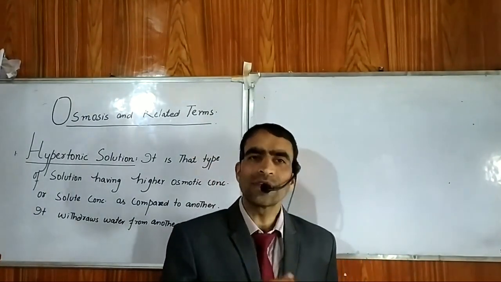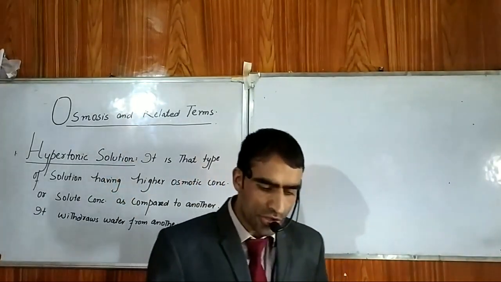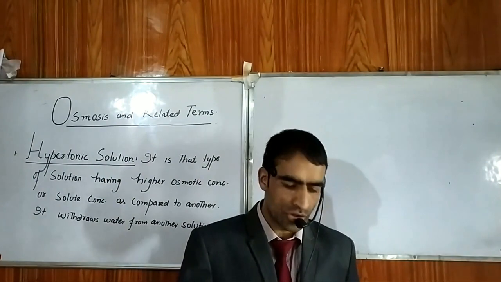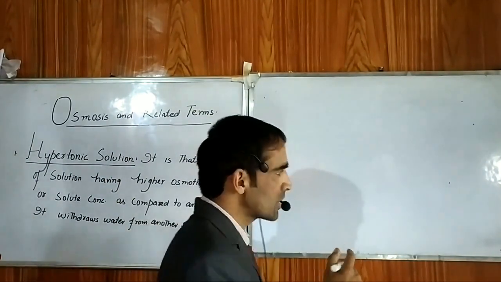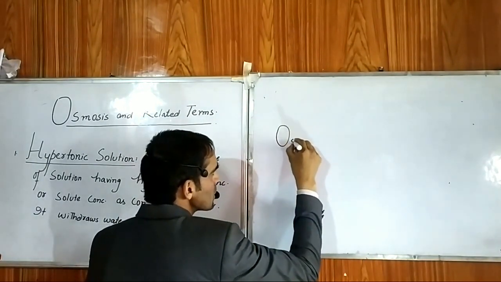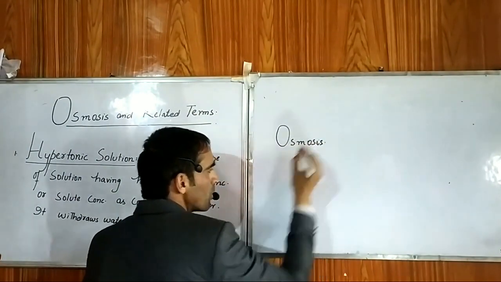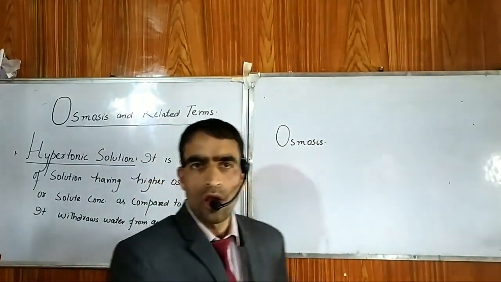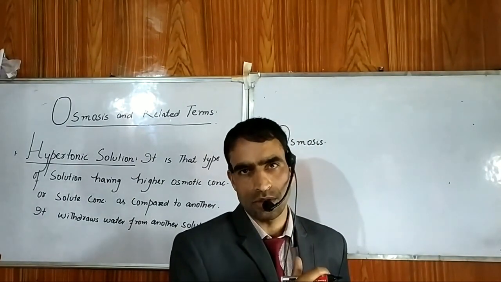But before discussing this terminology within plant physiology, I will again try to remind you what we were discussing in the earlier lecture. Our topic was the concept of osmosis. Osmosis means the movement of water.